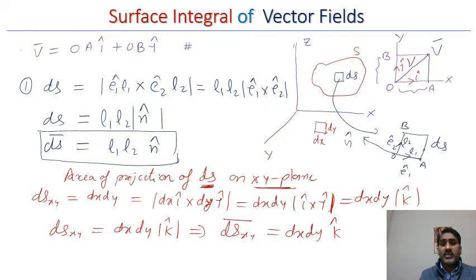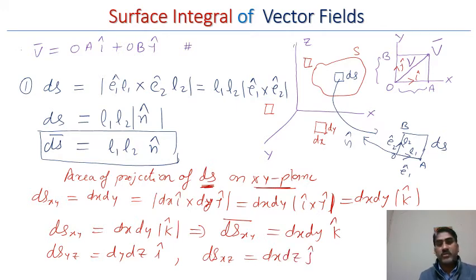Similarly, the projection on the yz plane, let me denote it by ds yz, will be dy dz i, and the projection on the xz plane, let us denote it by ds xz, will be dx dz j.